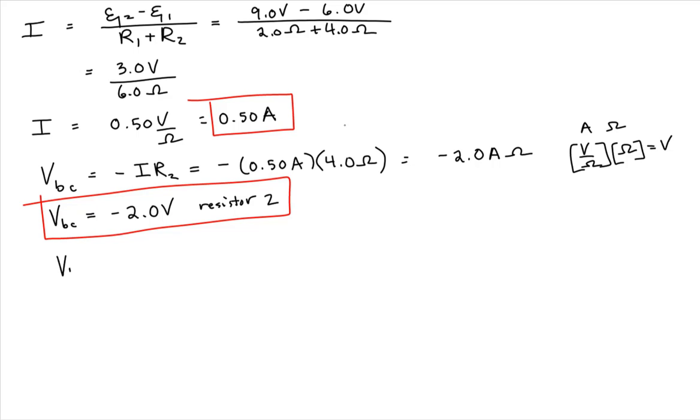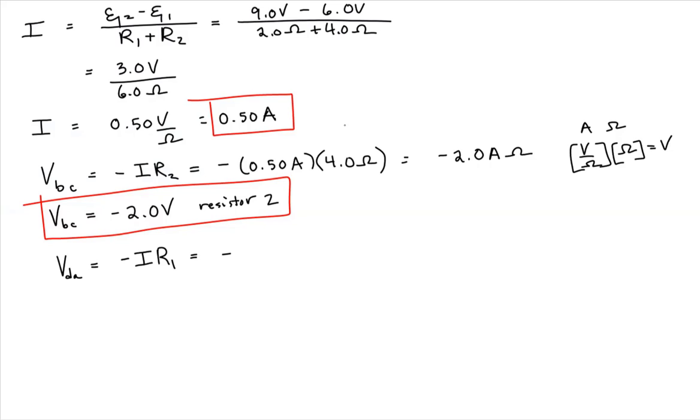Now we've got to find the potential difference across resistor 1. This is pretty straightforward as well. It's the current going across resistor 1 times the value of resistance for resistor 1, and that was a potential drop, so I have a minus sign in front.